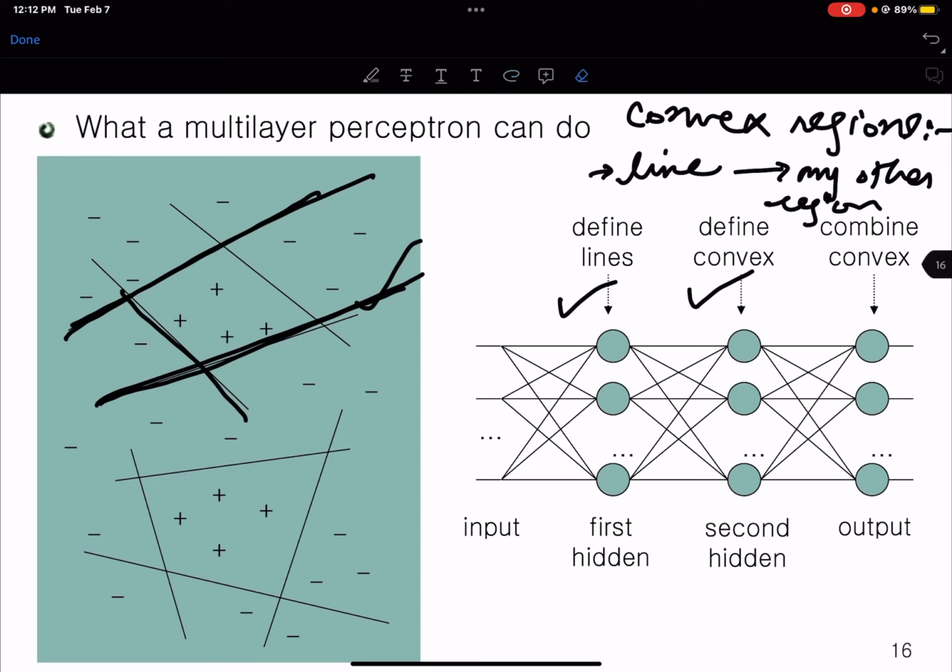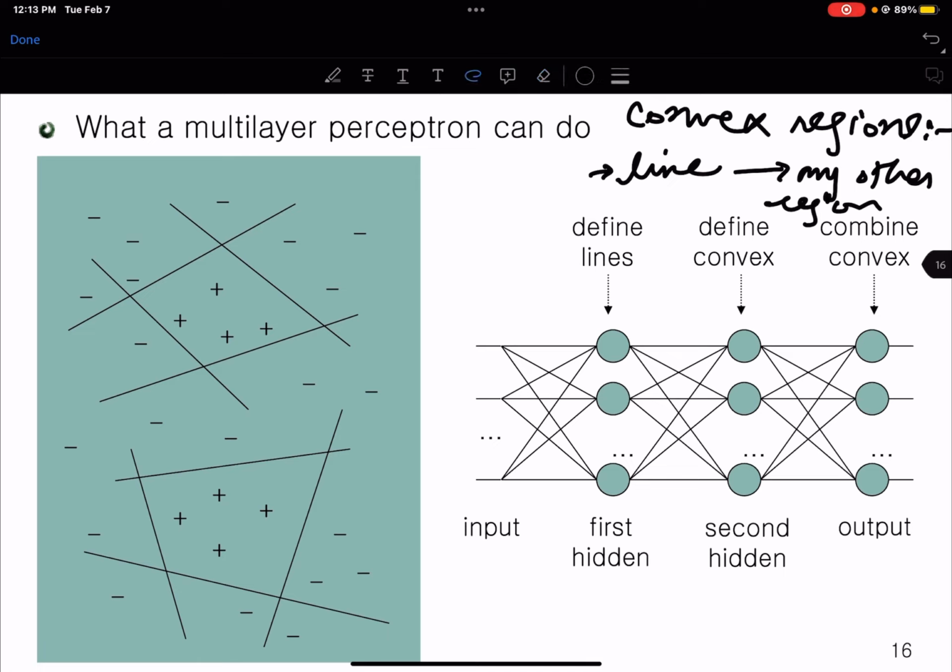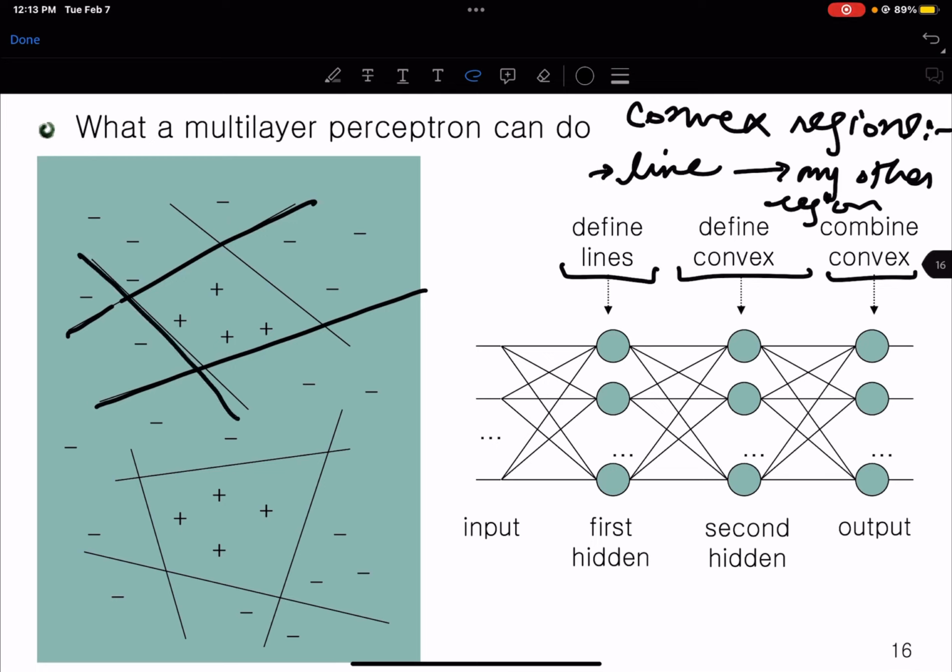So we can use multiple perceptrons, neurons, to define first the lines, and then see how the convex regions we can define, and then we can combine the convex regions. So first, for example, we define this region, then the next region is defined like this, right?